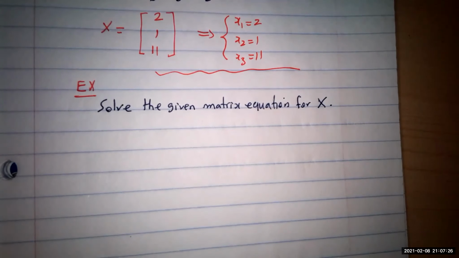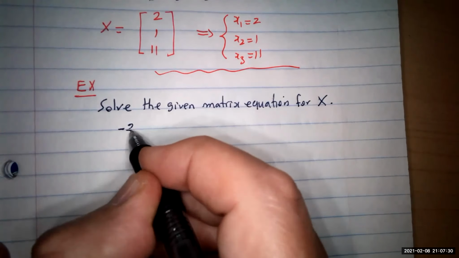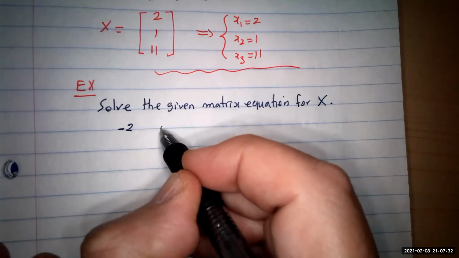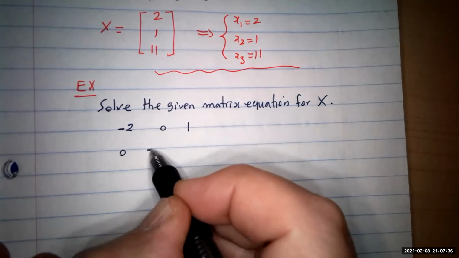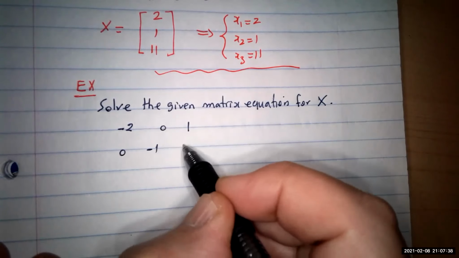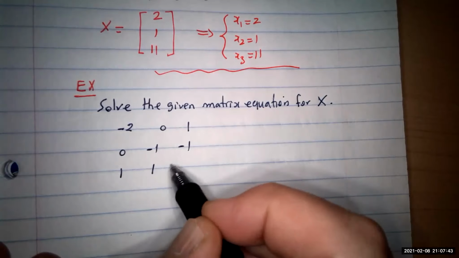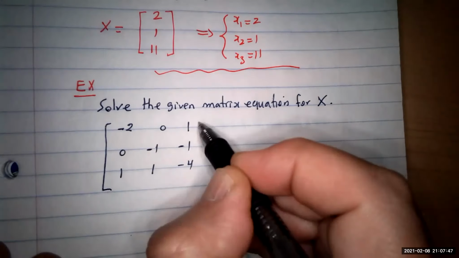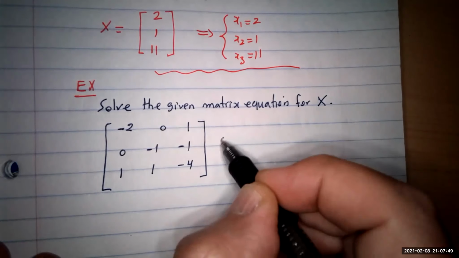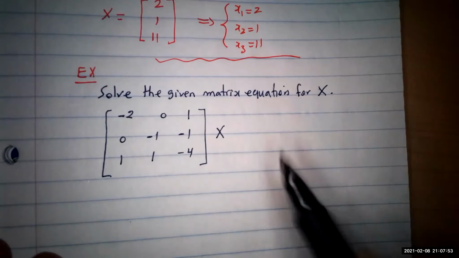And this is the given equation. They give it -2, -2, 0, 1, then it says 0, -1, -1, and then you have 1, 1, -4. This is a 3 by 3 matrix. Then they multiply by x, which is going to be another matrix.